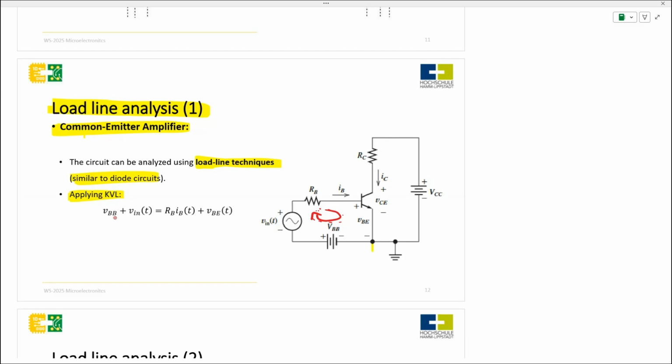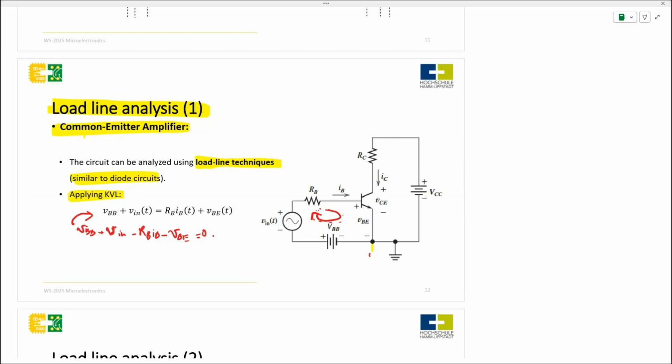We are going from negative to positive, so it should be a plus: VBB plus Vin minus RB IB minus VBE equals 0.